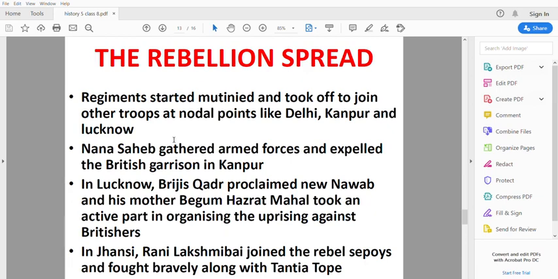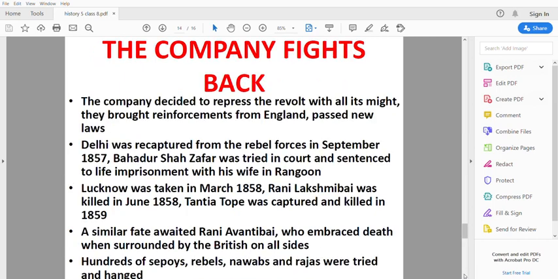In Lucknow, Birjis Qadr was proclaimed the new Nawab, and his mother Begum Hazrat Mahal took an active part in organizing the uprising against the British. Already you know Jhansi: Rani Lakshmi Bai joined the rebel sepoys and fought bravely along with Tantia Tope.